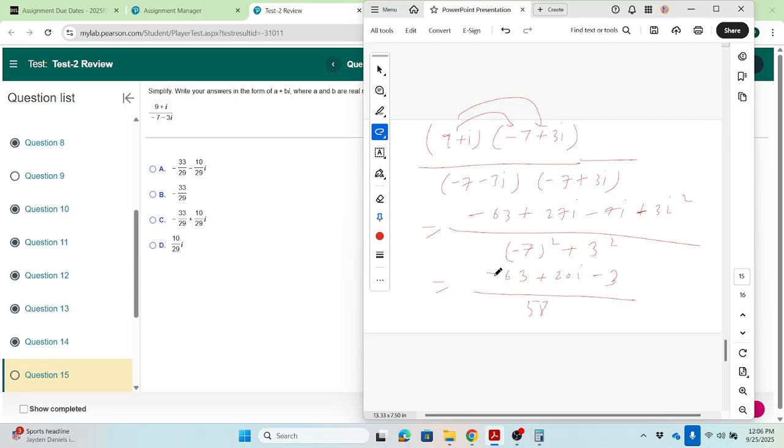So if you combine negative 63 and 3, it's negative 66 divided by 58, plus 20 divided by 58 i. Simplify, divide by 2. So 33 over 29, and 10 over 29. So the answer is negative 33 divided by 29 plus 10 divided by 29 i. This is the answer.